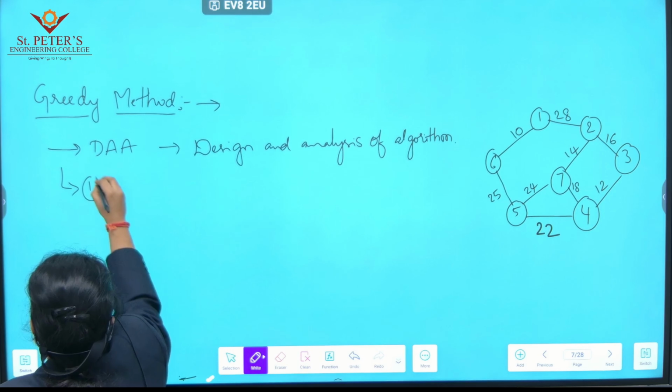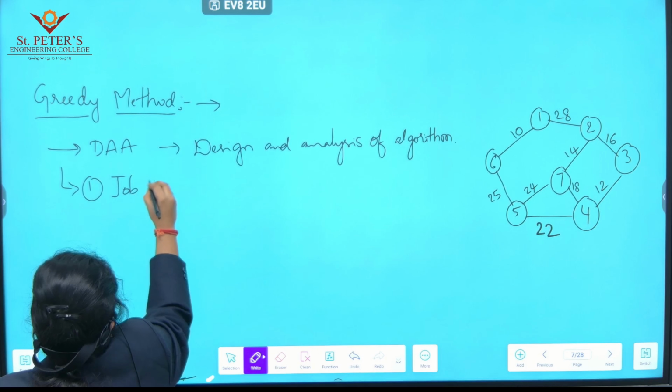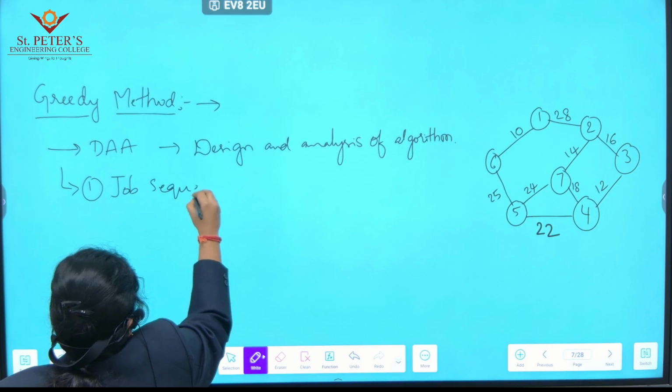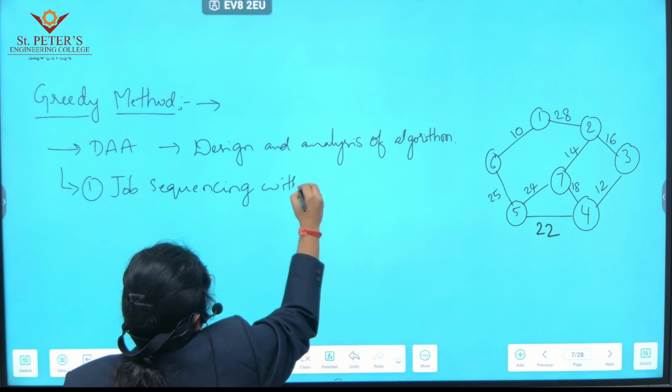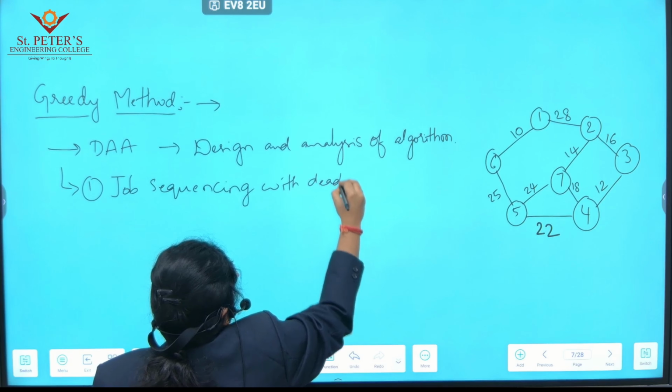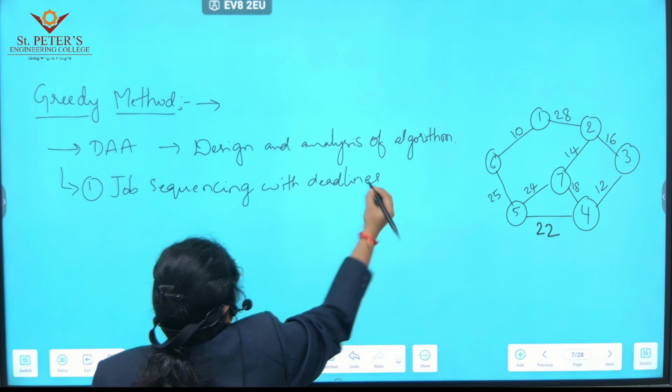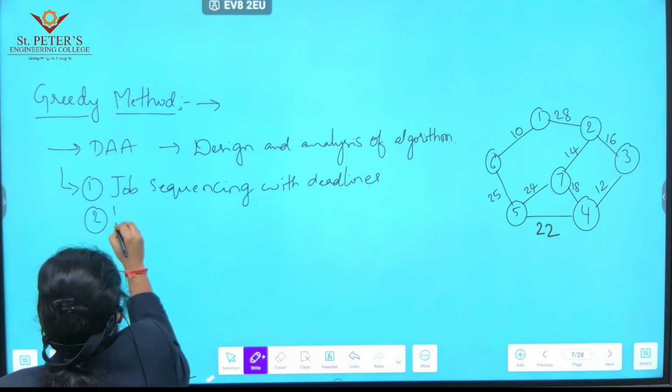The first one is job sequencing with deadlines. The second topic is the knapsack problem.